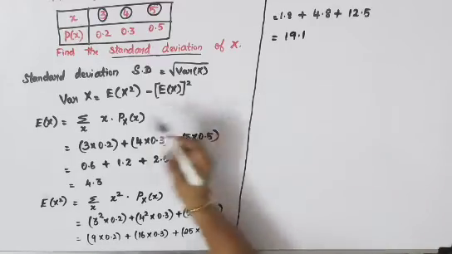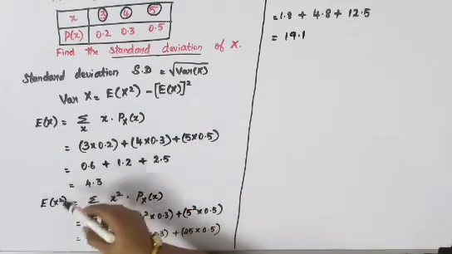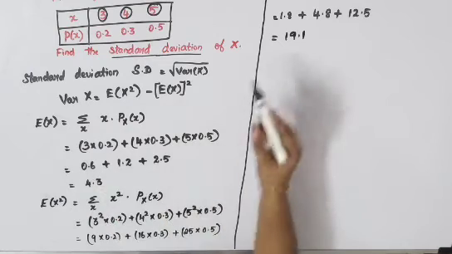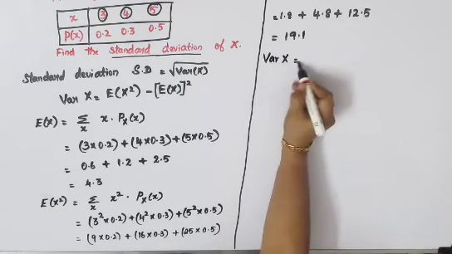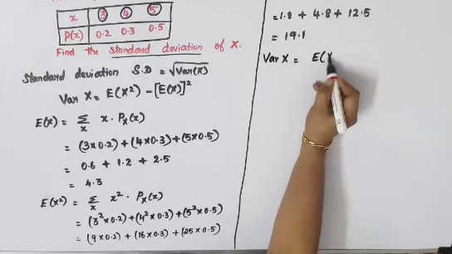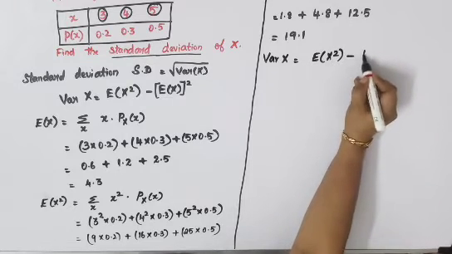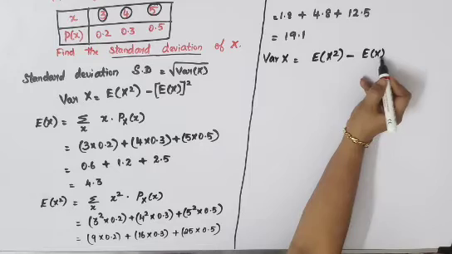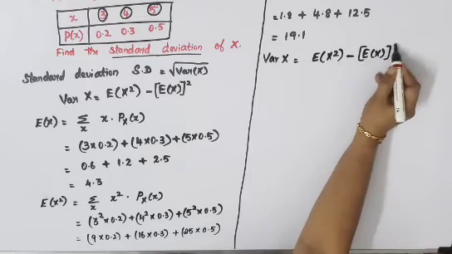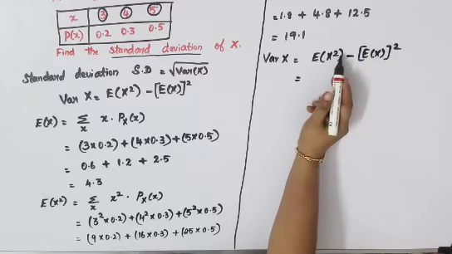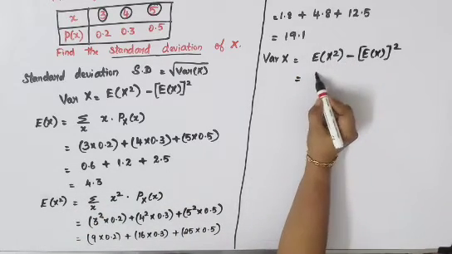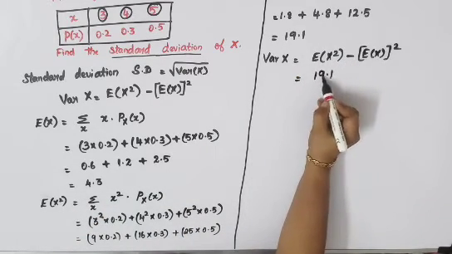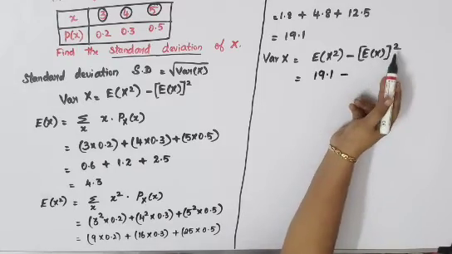Next, we have got E of x and E of x square, so just substitute in your variance of x. Variance of x is equal to E of x square minus E of x the whole square. Here E of x square, that is your second part answer, you will have to write first: 19.1 minus E of x the whole square.